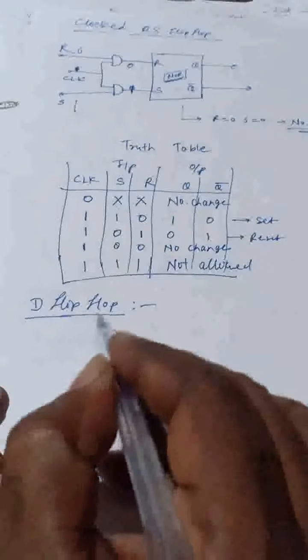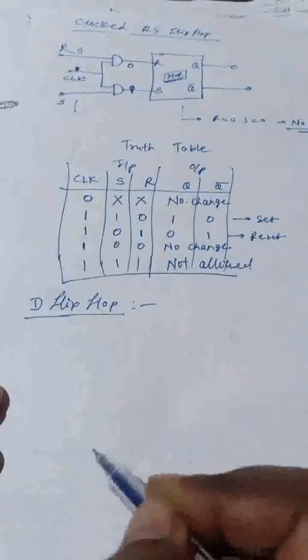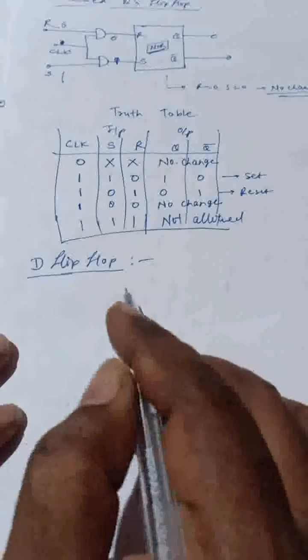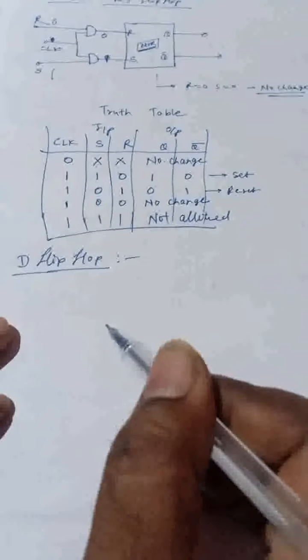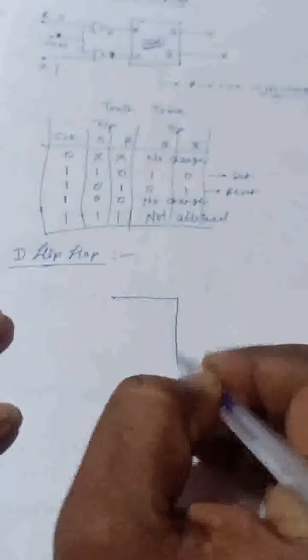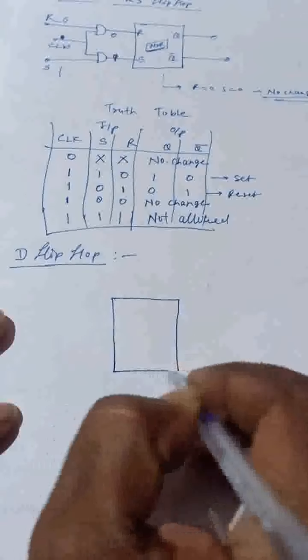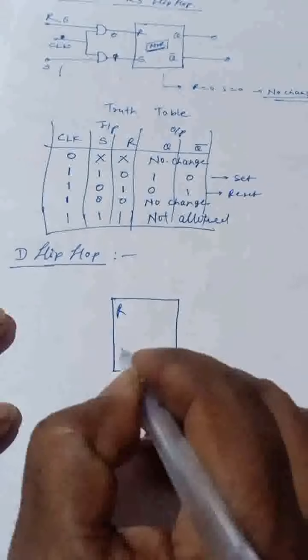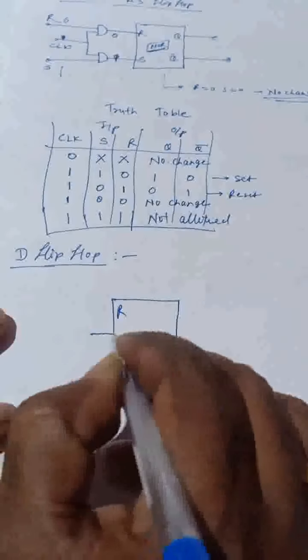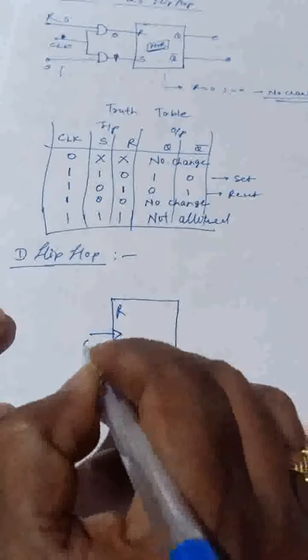So this is a D flip-flop. It has only a single input, and it is built from the clocked RS flip-flop.